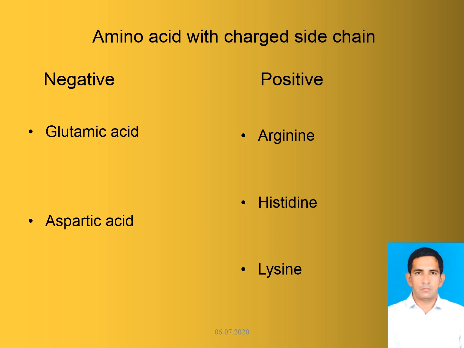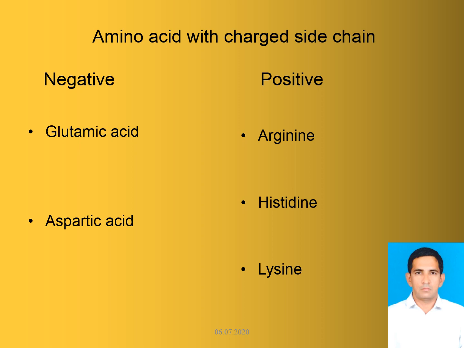Physiological pH is 7.4, so the carboxylic acid will be deprotonated and present as a carboxylate, which is negatively charged.